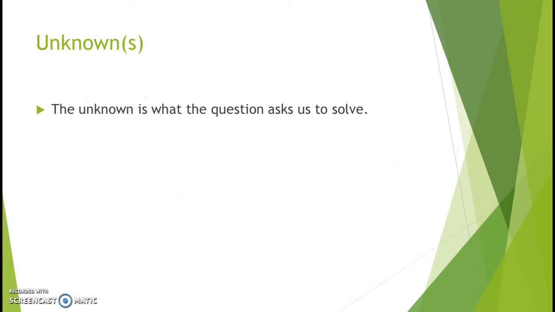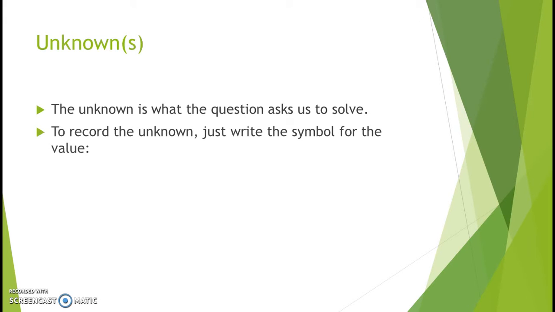Now, the unknowns, pretty simple as well. The unknown is just what the question's asking us to solve. So all we have to do is write something close to this for the U term in our answer. We would just simply write something like the value equals question mark.